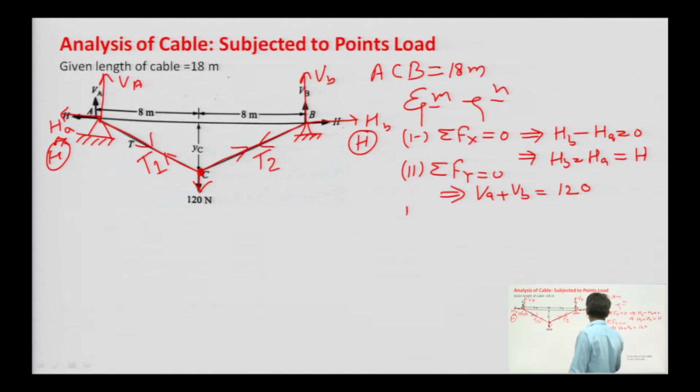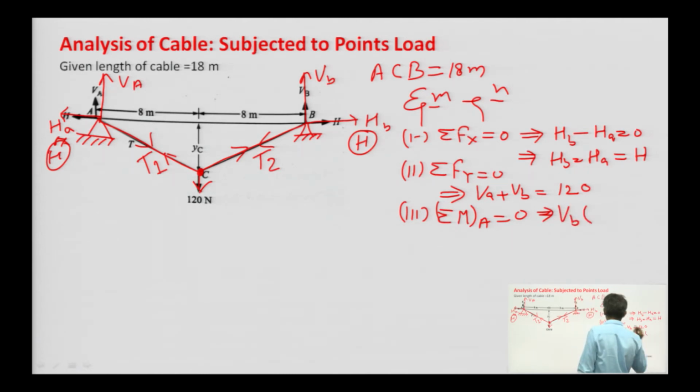Another equilibrium equation that we have, sigma M about any point, say it is A, then we will have VB into perpendicular distance, 8 plus 8 means 16, VB into 16, its moment is anti-clockwise, and another force, this one 120, is clockwise.